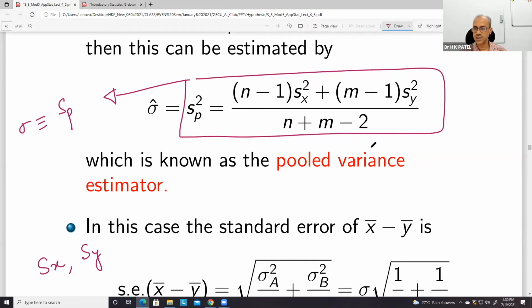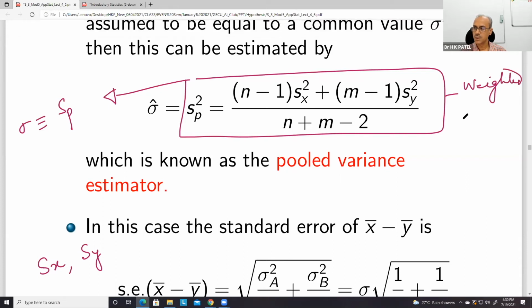You can see that this is nothing but a weighted mean of Sx square and Sy square. So (n minus 1) Sx square plus (m minus 1) Sy square by n plus m minus 2.